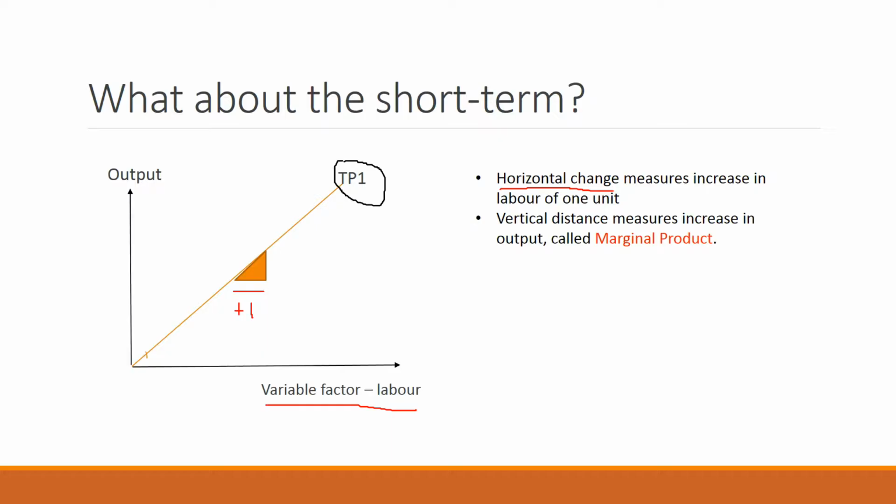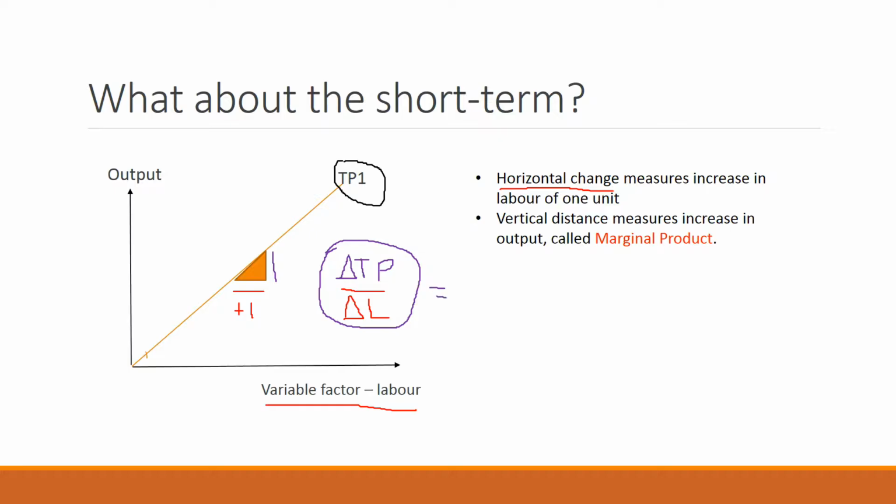This is shown as a change in labour. Okay, a change in labour. And then we can say, well, okay, that has an impact upon output. Output increased by this much. So the purple line will show us the change in total product. And this together will show us what? Well, it shows us the change in total product as we change the units of labour by 1.